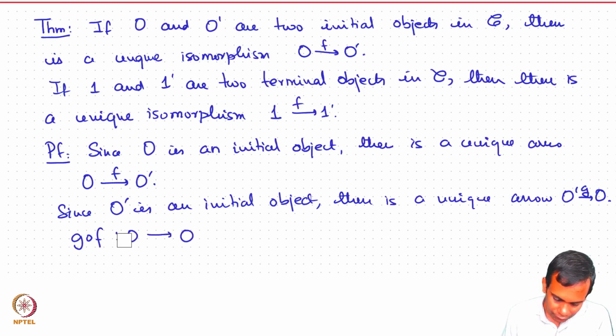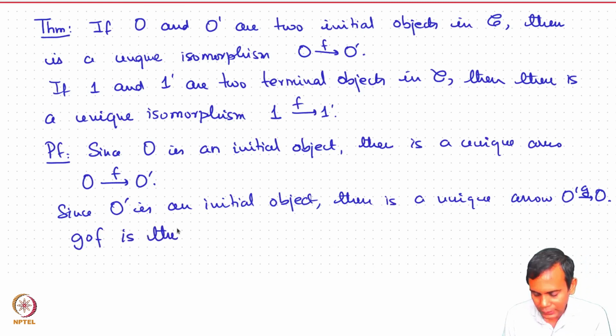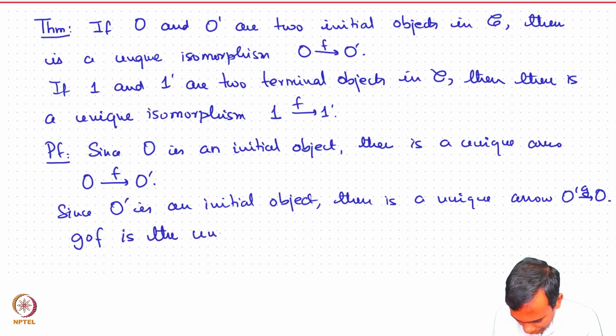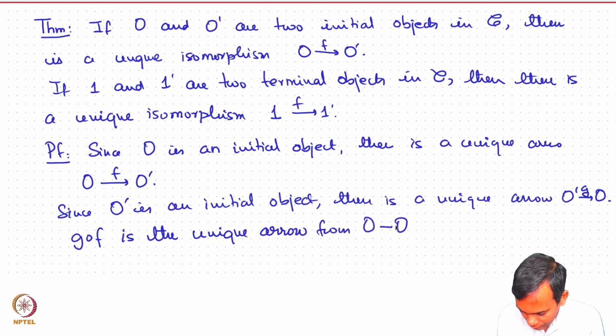So g circle f is the unique arrow from 0 to 0. There is a unique arrow from 0 to 0 just because 0 is an initial object. So this g circle f is the unique arrow from 0 to 0, and hence it has to be the identity arrow of 0.